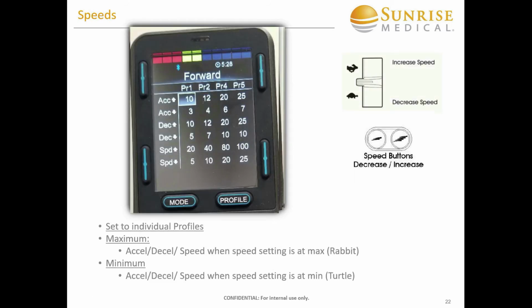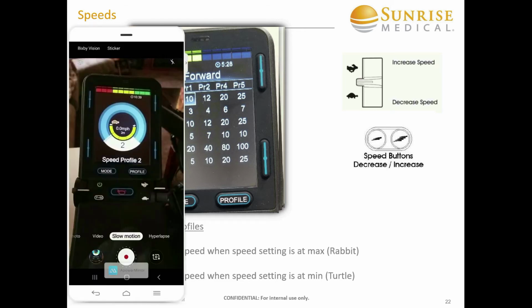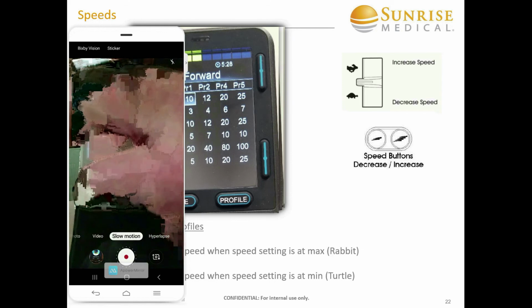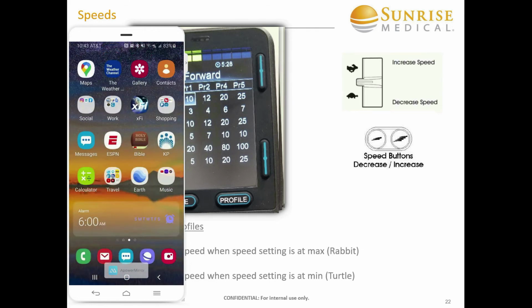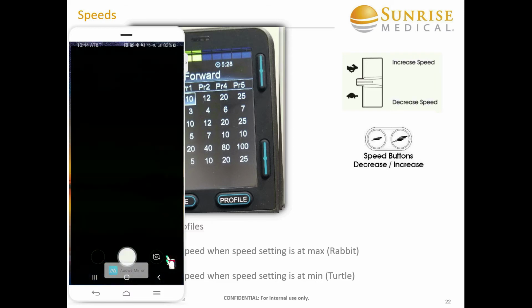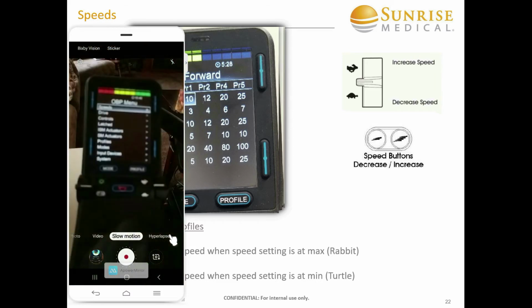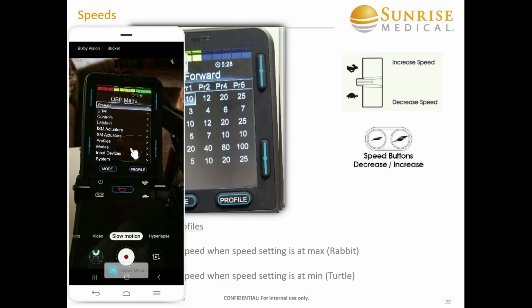Okay, so let's look at that quickly on the chair itself. So we're going to switch over to the chair that I've got set up here. And again, we're going to turn it off, go into the onboard programming. And my camera turned off. There we go. All right, so we're going to go into speeds.